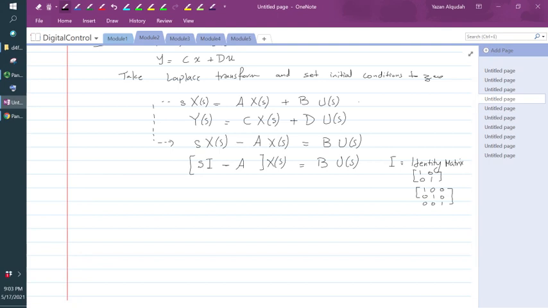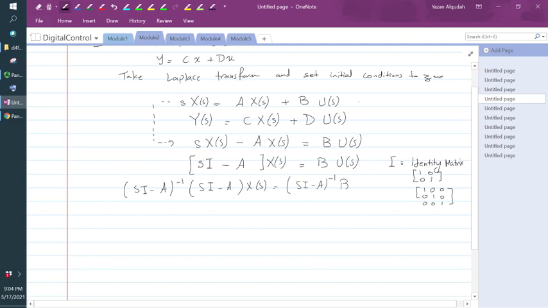Okay, so what I'm going to do next is I'm going to take x here, and I'm going to write this equation in terms of s. How do I get the x term alone here? Since it's multiplied by this term, I'm going to multiply by the inverse of it. So I'm going to multiply by sI minus A inverse multiplied by sI minus A multiplied by x of s, and this is going to equal sI minus A inverse multiplied by B multiplied by u of s.